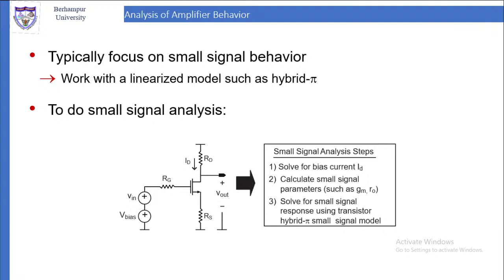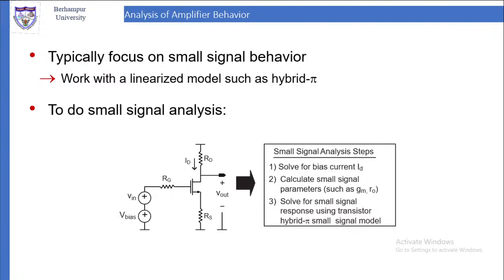Then RG is the resistor connected to the gate. It is like your base, emitter and collector: gate is equivalent to base, source is equivalent to emitter, drain is equivalent to collector.